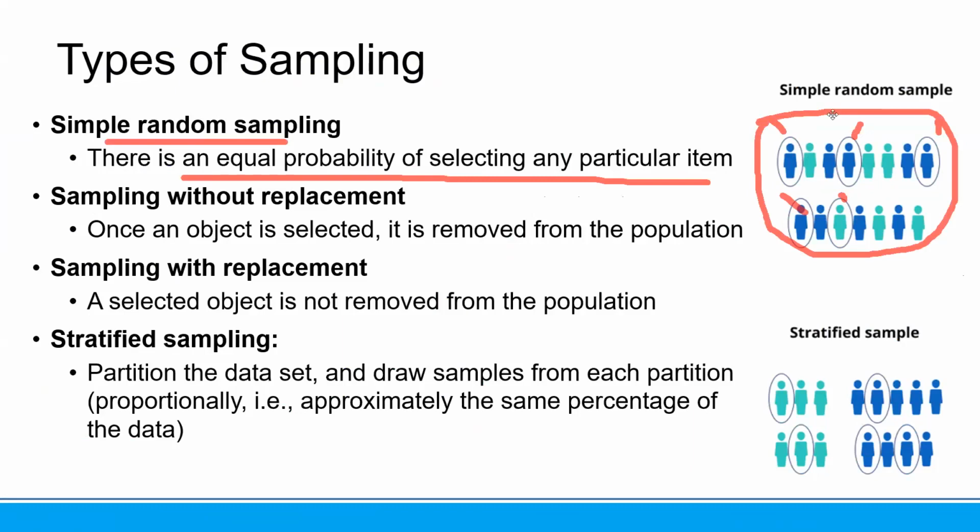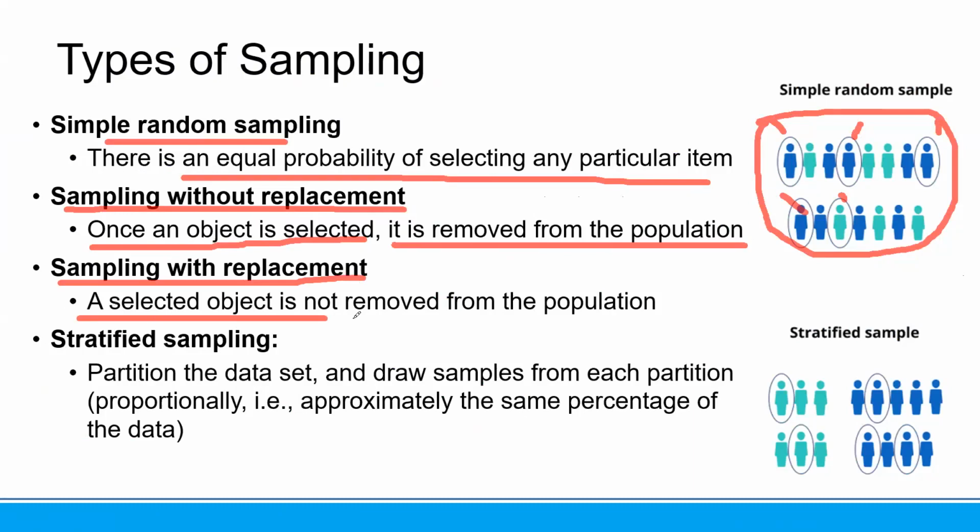We have another way of sampling. We call it sampling without replacement. Once an object is selected, it is removed from the population. We have another sampling method. We call it sampling with replacement. A selected object is not removed from the population.